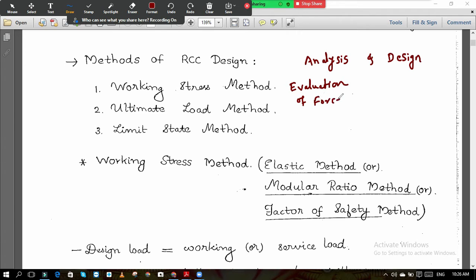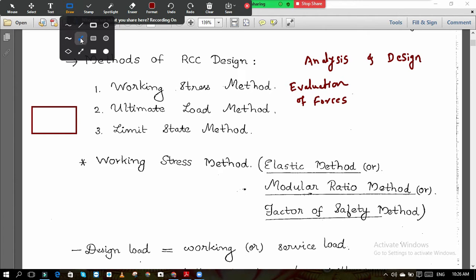Suppose now a box is there, and it is in motion, so a number of forces will act over here. Suppose its weight is acting downward, this is the weight. As it is in motion, its acceleration will be here, which means an inertia force will be there. These types of forces will be acting.